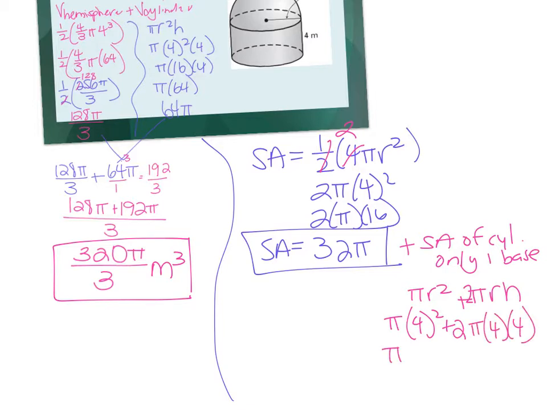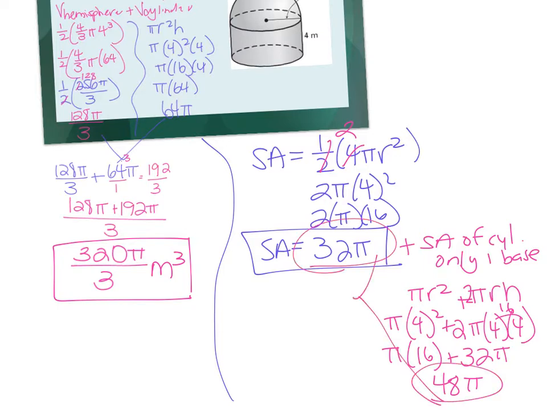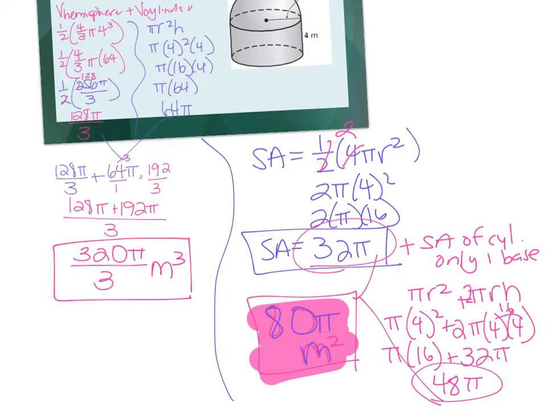There's a whole lot of 4s in this. This is 16 pi, this is 32 pi. So I take these two and add them together. And it's area, so it's meters squared. How many meters squared? Fernando.